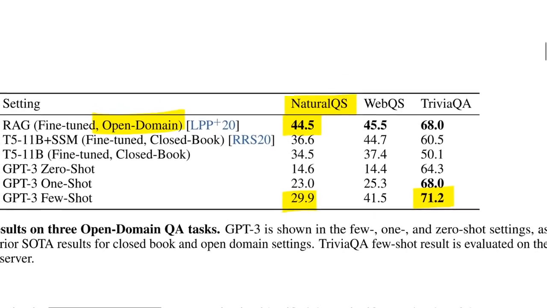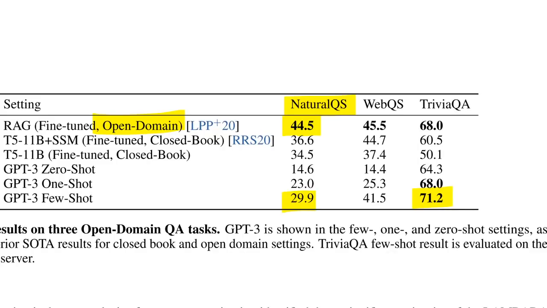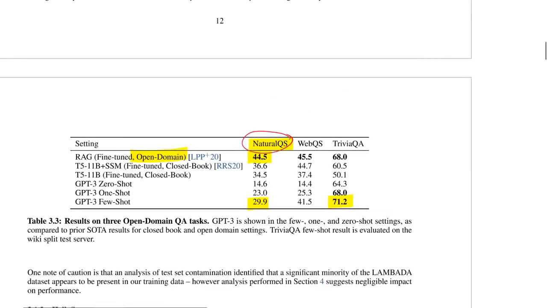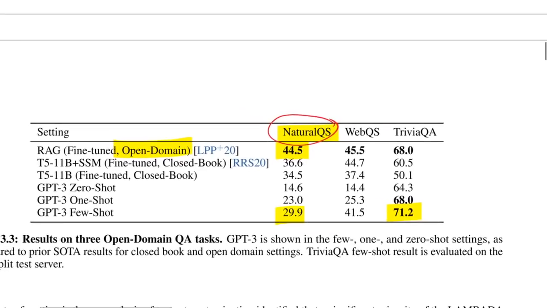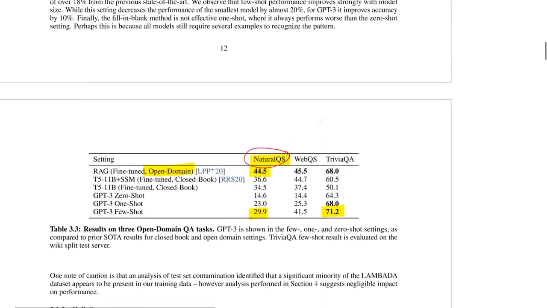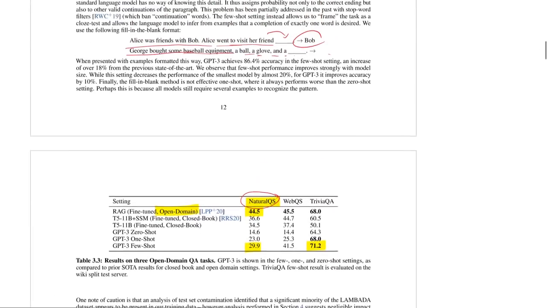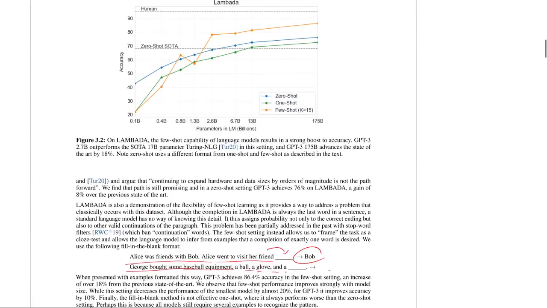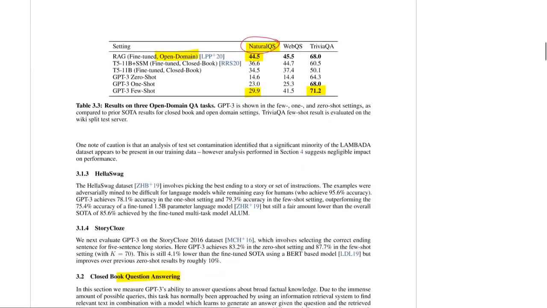And they say this is mainly due to natural questions being very much about factual Wikipedia knowledge and so on. Maybe the question we just made is more of a natural question type of thing, and the model is apparently not as good at that. But it's still impressive that the model is able to do this out of the box.